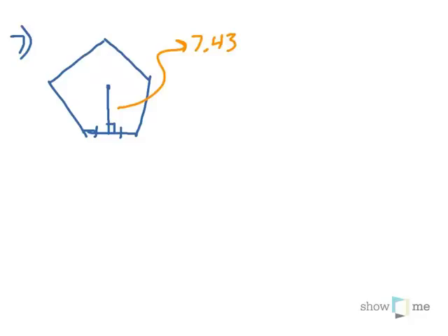And the question is, find the length of a side of the pentagon and the length of the radius. So we need to find the length of this red segment and also find the length of this green segment, the length of the side. So this looks like it's really difficult, but it really isn't that difficult. First thing you want to do is find the measure of a central angle.